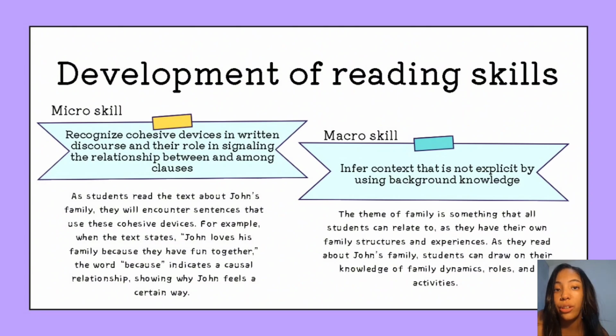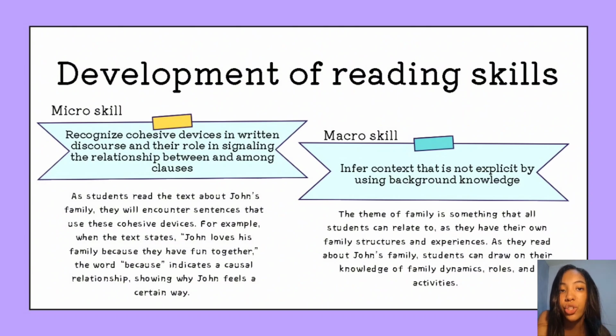As a macro skill, we have to infer context that is not explicit by using background knowledge. The theme of family is something that all students can relate to, as they have their own family structures and experiences. As they read about John's family, students can draw on their knowledge of family dynamics, roles, and activities.